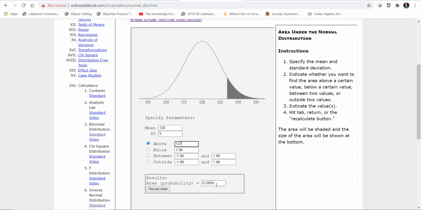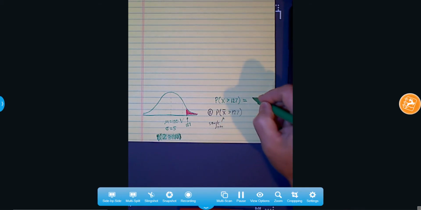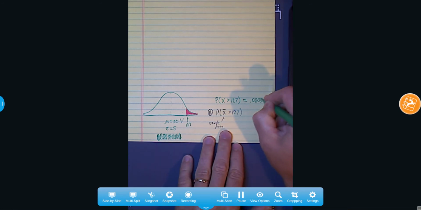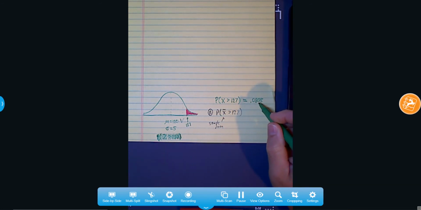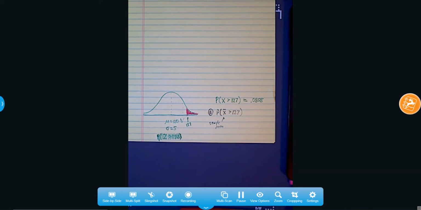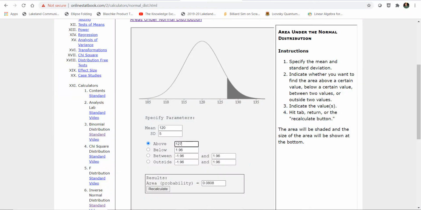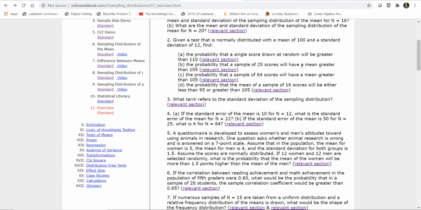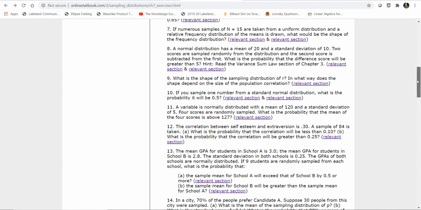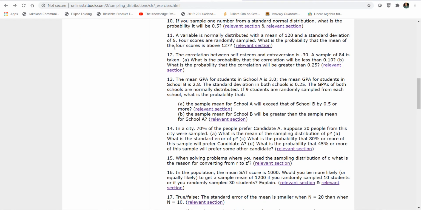So if I go back to the paper, 0.0808. Now this is not the answer to problem 11, because if I go back to that problem, problem 11 said, find the probability that the mean of the 4 scores is above 127.